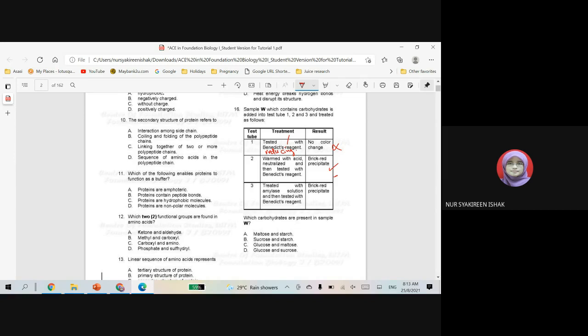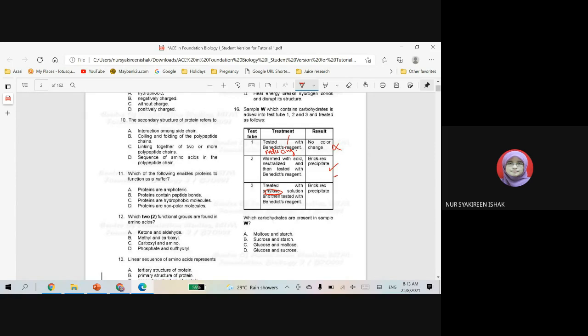And then tested with amylase solution and then tested with reagent, and it produces brick red precipitate. As you know, amylase is the enzyme that breaks down starch.